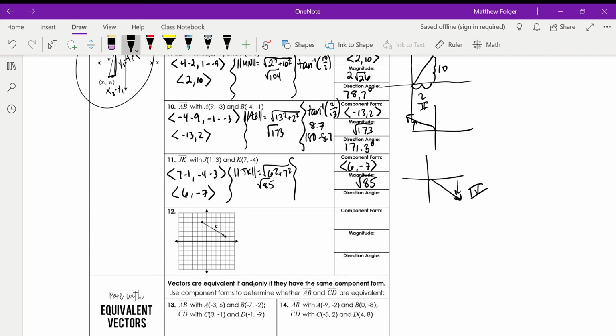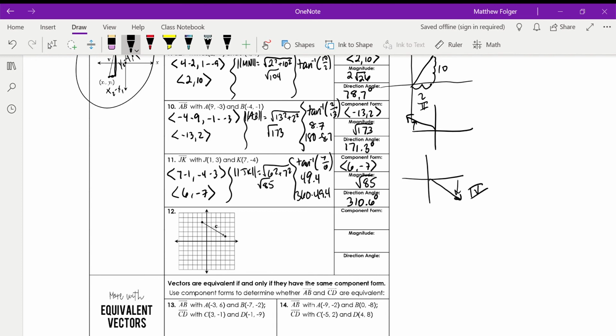So second tan of 7 over 6, let's see what that is. 49.4 degrees, but we want to subtract that from 360. And the reason we do that is because we want to put it in the fourth quadrant. So we take this, we subtract it from 360, and we get 310.6 degrees.